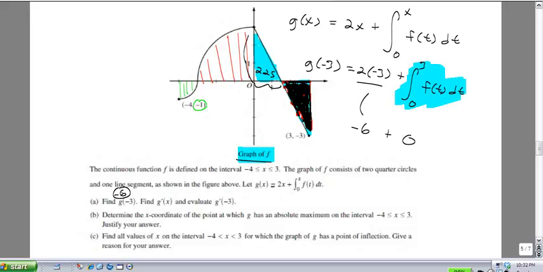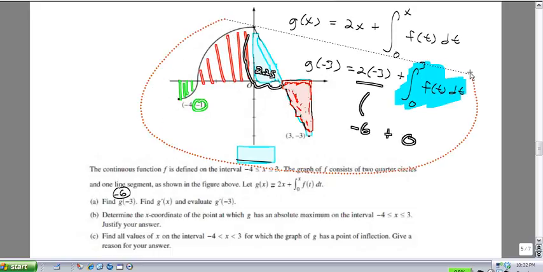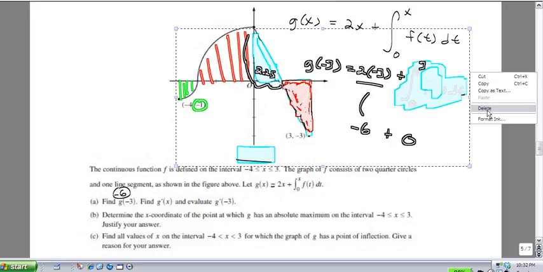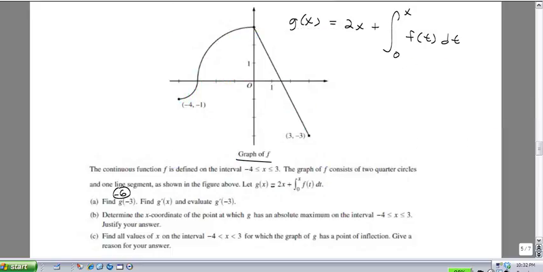Now it says find g prime of x. Okay, let's erase this. Oh, how do I find g prime? It's okay. Look at g of x. G of x is this plus an integral function. So what's the derivative of 2x? So g prime of x. Derivative of 2x is 2. What's the derivative of the integral function?